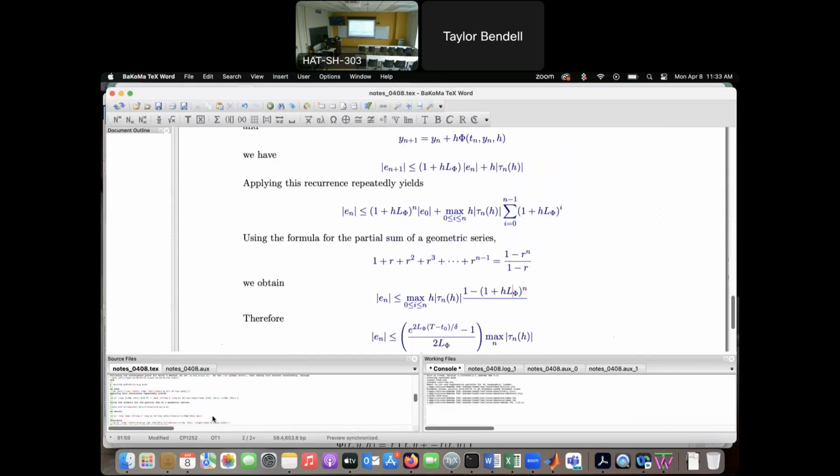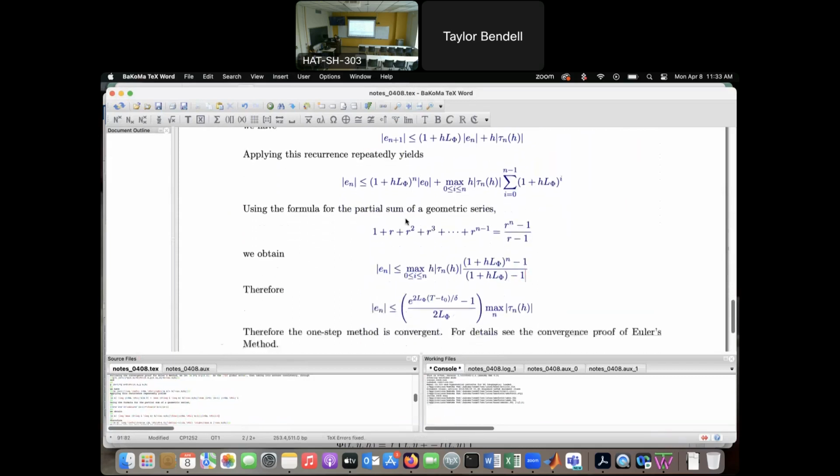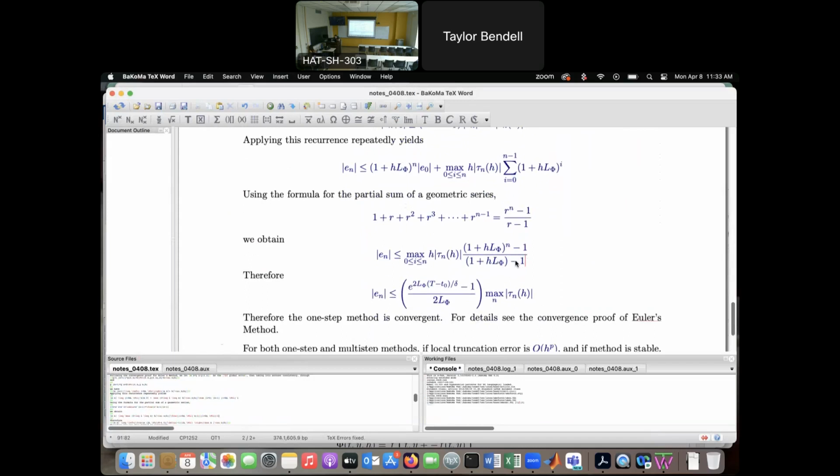Actually, I'm going to negate both terms just for convenience for later. I'm going to have 1 plus HL phi minus 1. But we'll want to cancel down below.